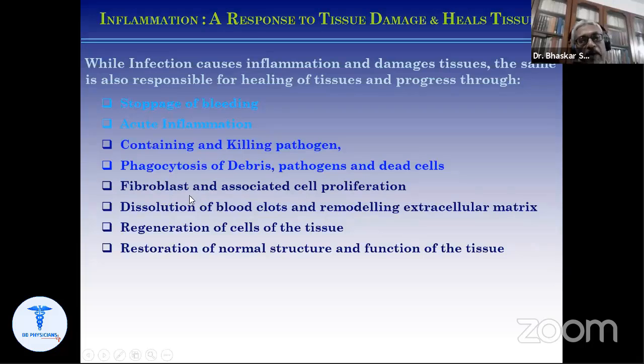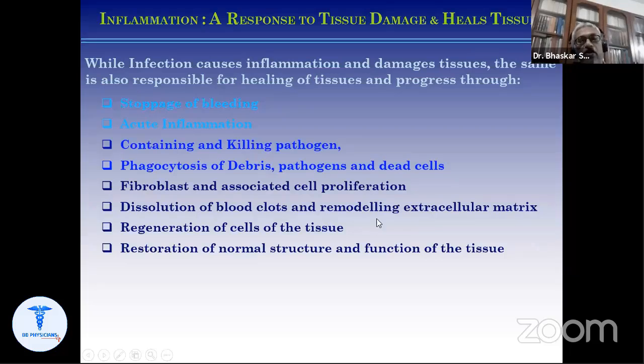Now, TGF-beta is a cytokine which induces fibroblast proliferation and other cells required in association with the fibroblasts to fill out this space, which is first filled by debris but then turned to void by phagocytosis. So this is then filled up by fibroblasts, then the blood clots are dissolved, and the extracellular matrix is remodeled.